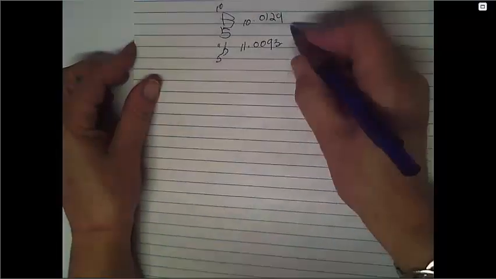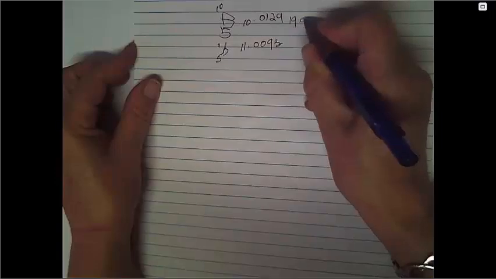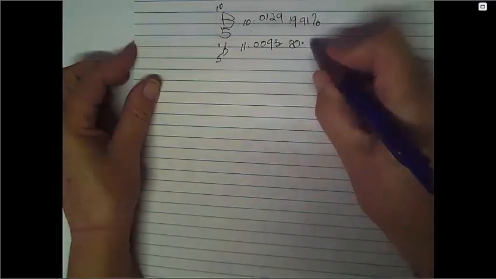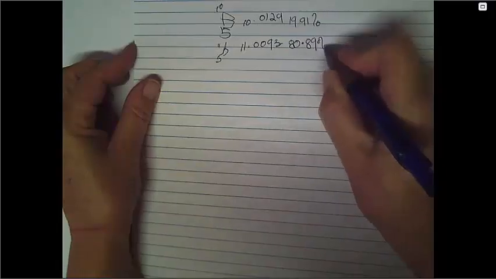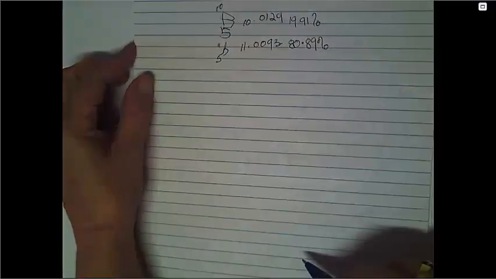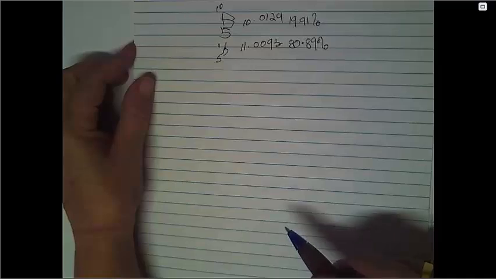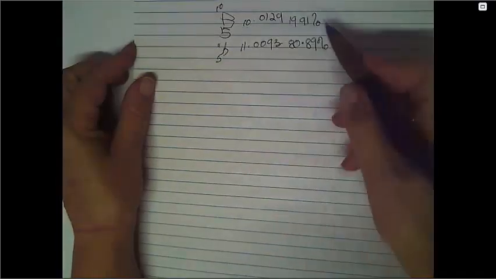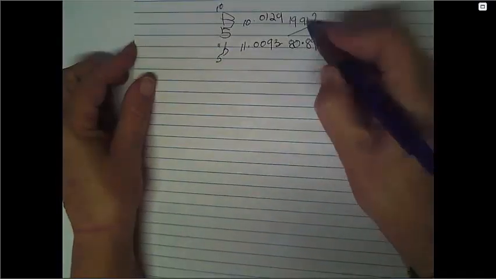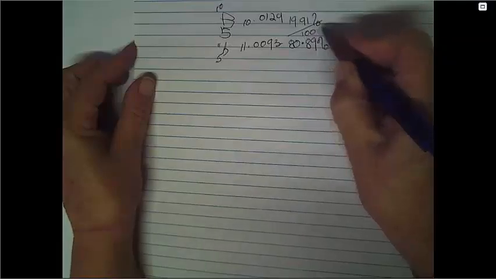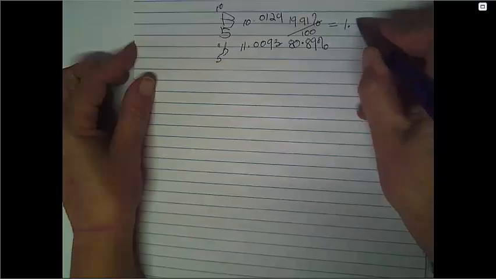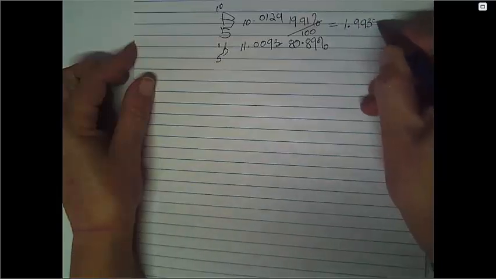Percentage abundance is 19.91% and 80.89%. Now, if you multiply the actual mass by the percentage abundance, you get the contribution of that particular isotope. So we must multiply 10 by 19.91 divided by 100, which will give us a value of 1.9935.